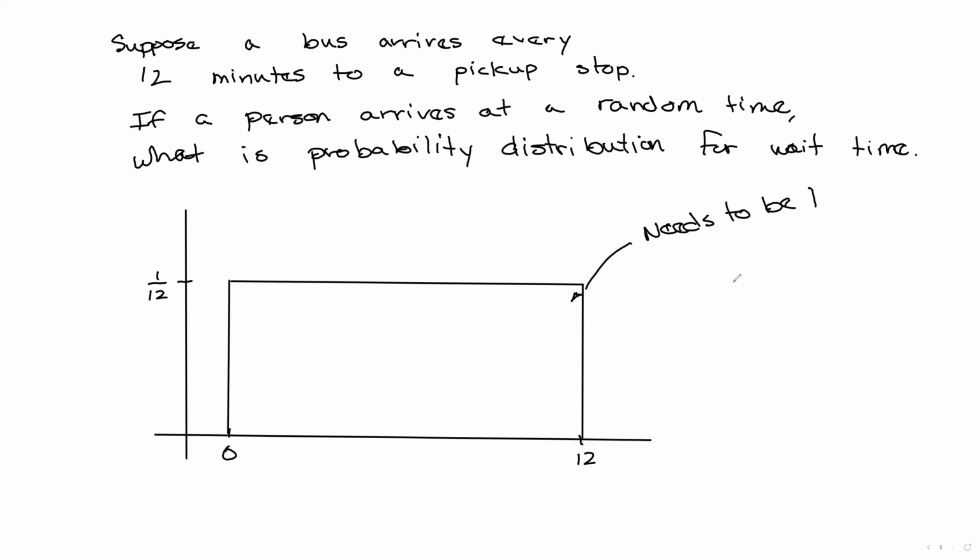And now we can calculate probabilities by finding portions of the area underneath this. So let's say we wanted to find the probability that someone will have to wait between 4 and 10 minutes.